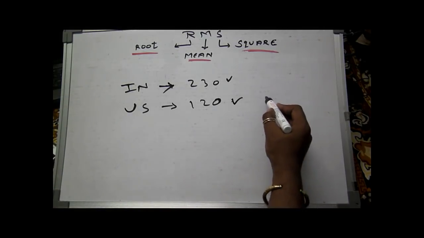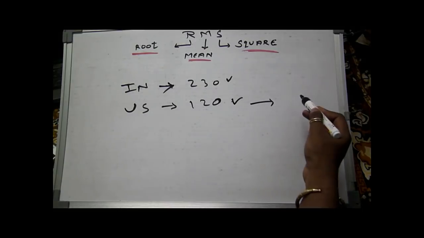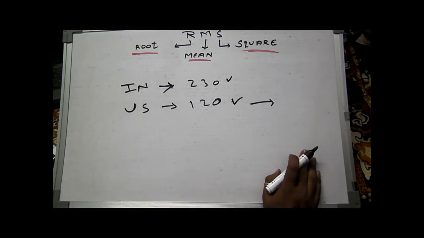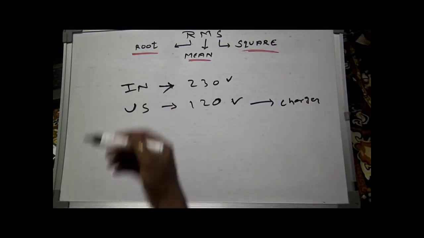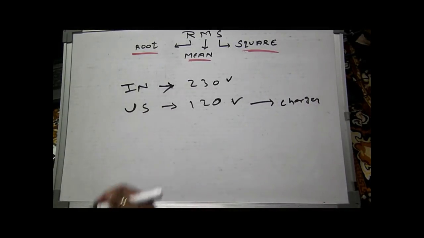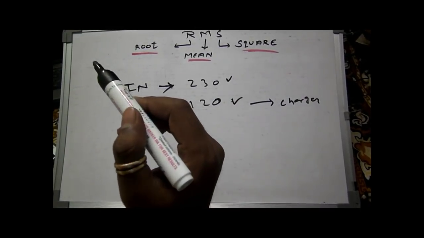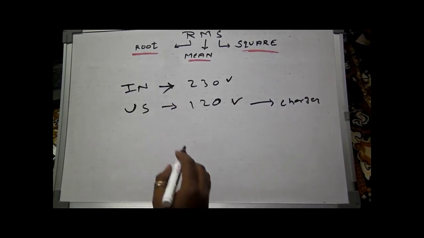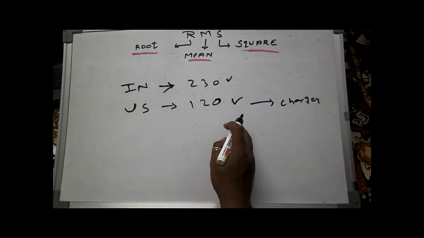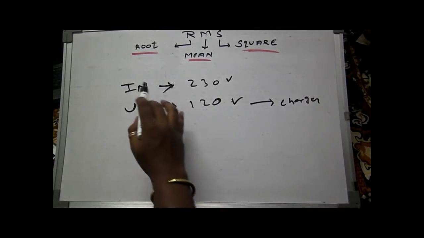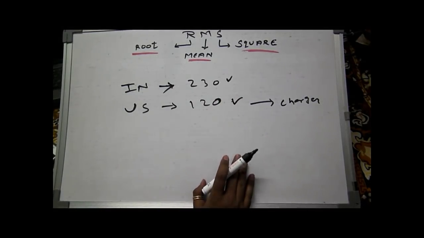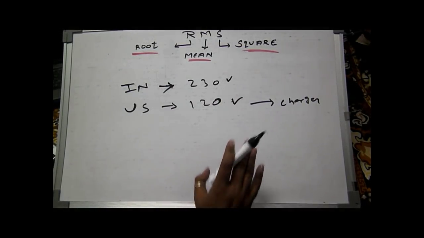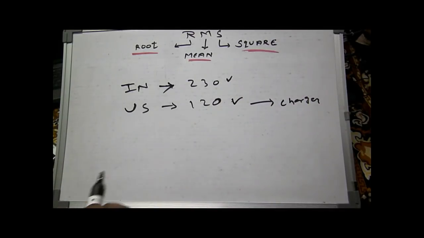For example, if the US manufactures a mobile charger and India buys that charger, how will it work? Because the input voltage in the US is 120 volts and in India it is 230 volts, technically it should not work, right? But actually that is not the case.